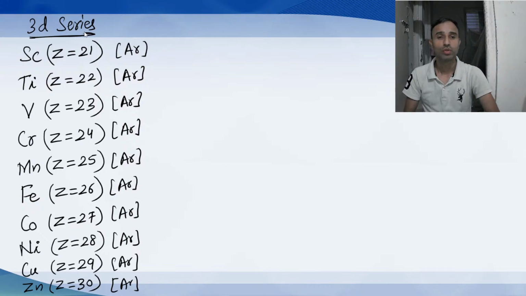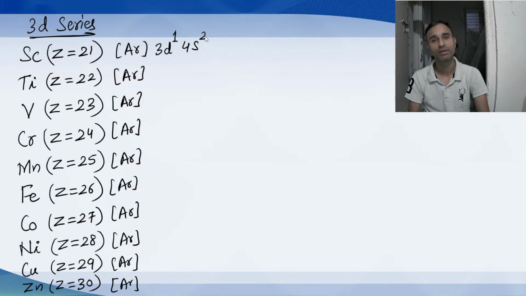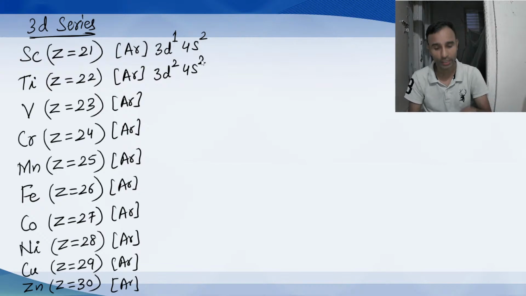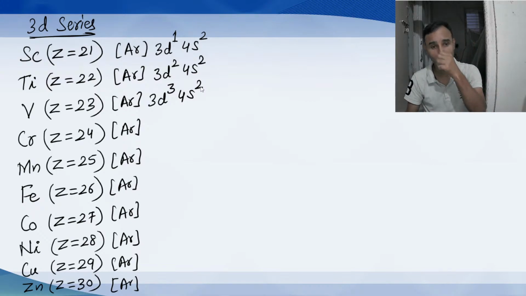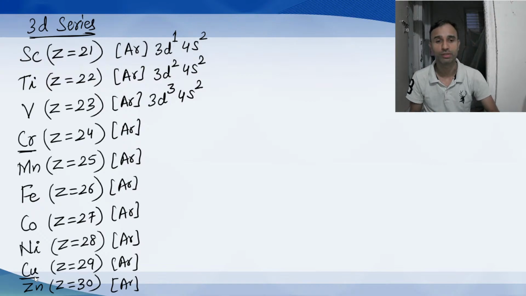So scandium is 21, so it is 3d1 4s2, titanium 22 is 3d2, 23 is 3d3 4s2. Chromium and copper are exceptions.